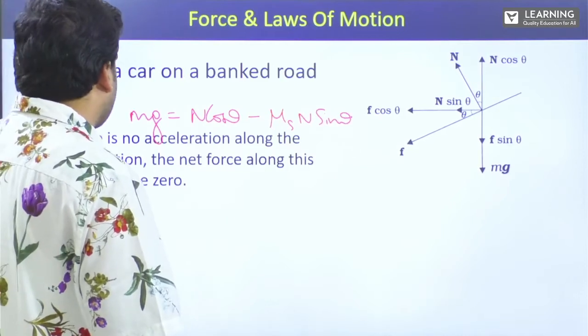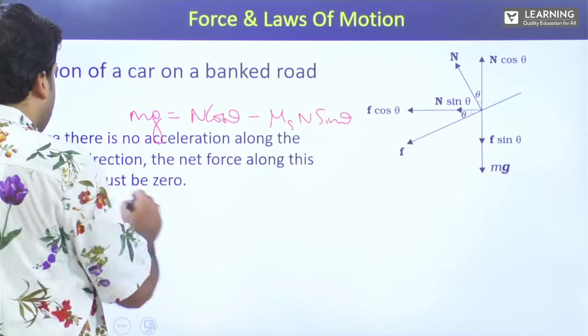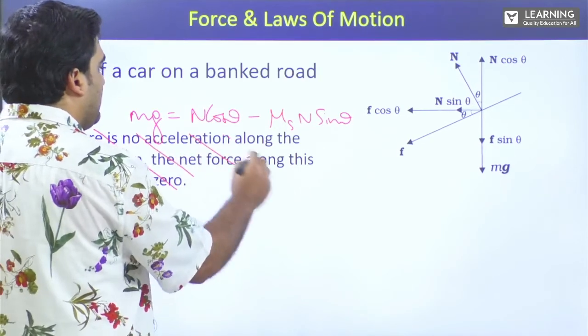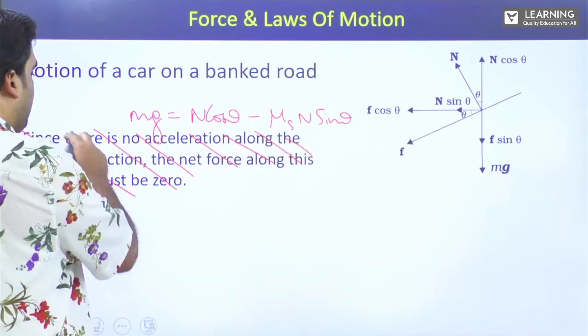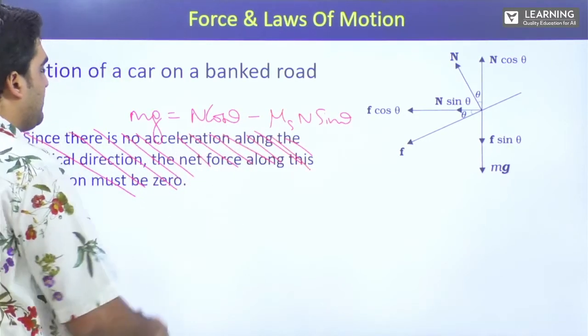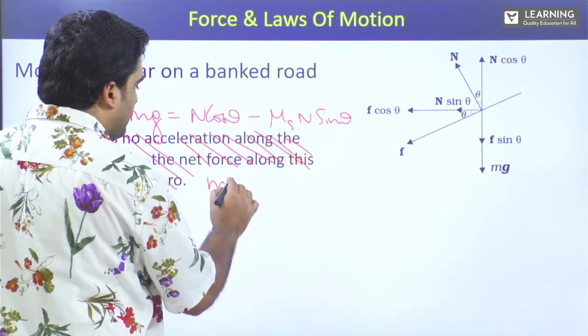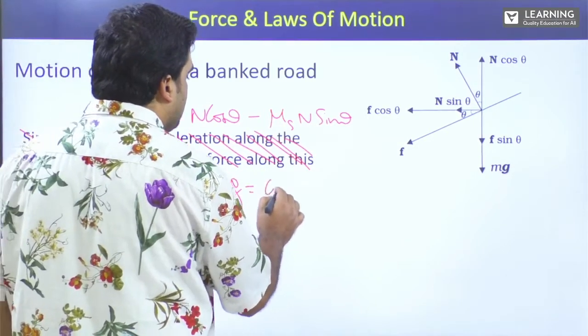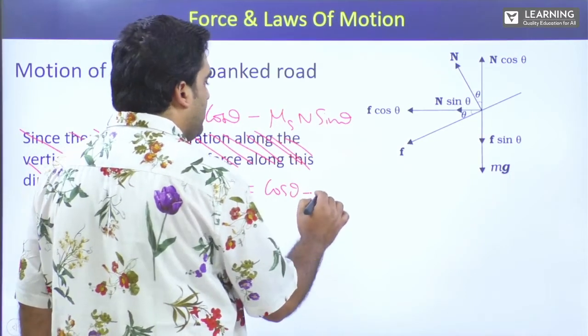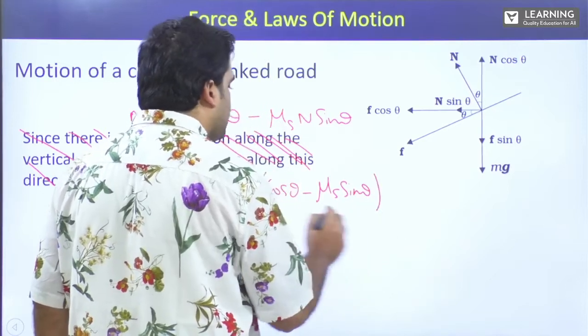Since there is no acceleration along the vertical direction, the net force along this must be 0. We have already covered this. Okay. We'll continue with the expression. n is a common factor. So you get mg equals cos theta minus mu s sine theta times n.